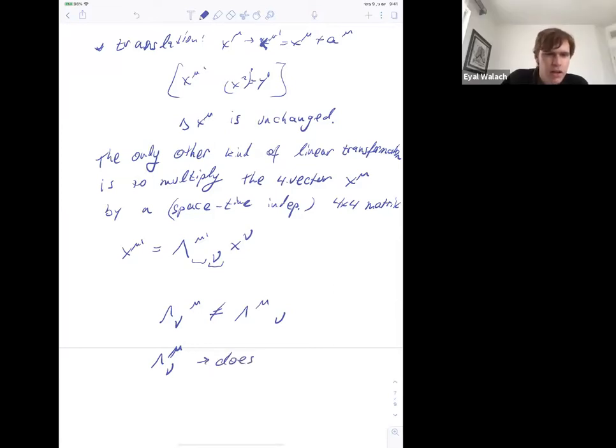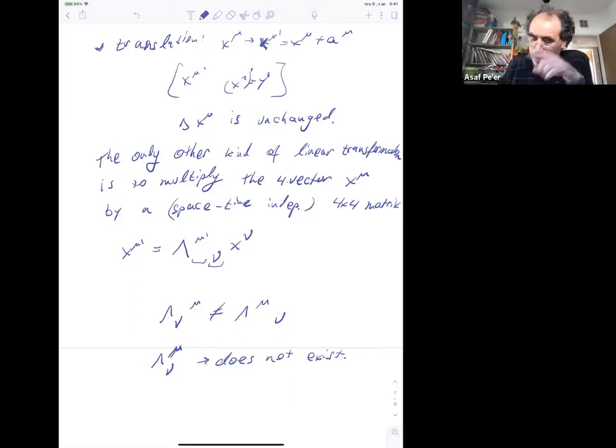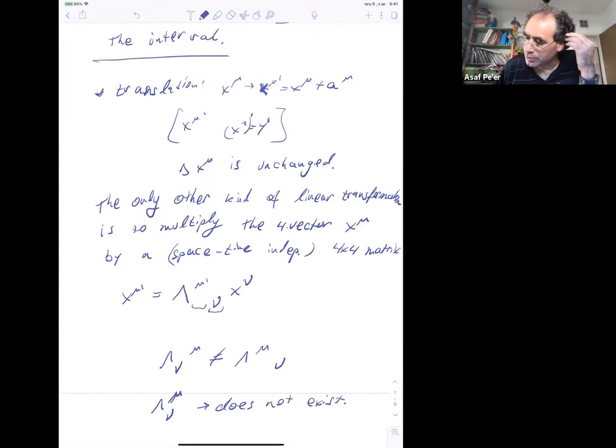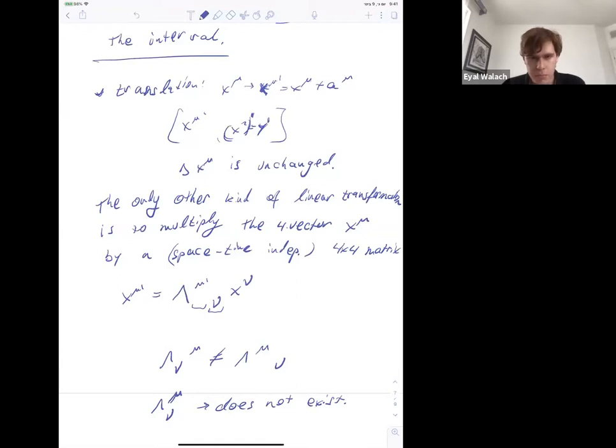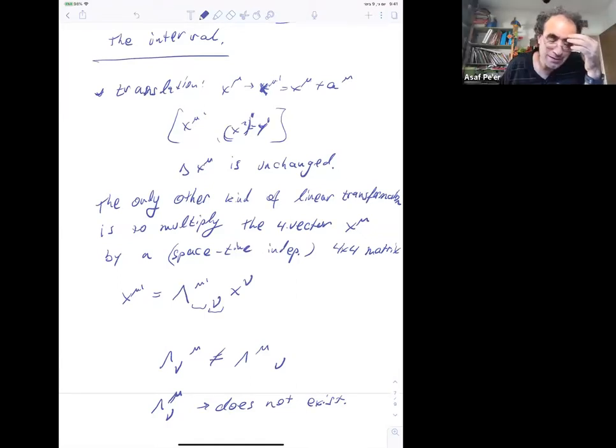Sorry, is the prime over x or over mu? Is the index mu prime in the vector x, or is the vector x prime in the index mu? It's actually the x mu prime. As I wrote here, x2 is y, so y prime is x2 prime. Practically it doesn't matter, but yes.